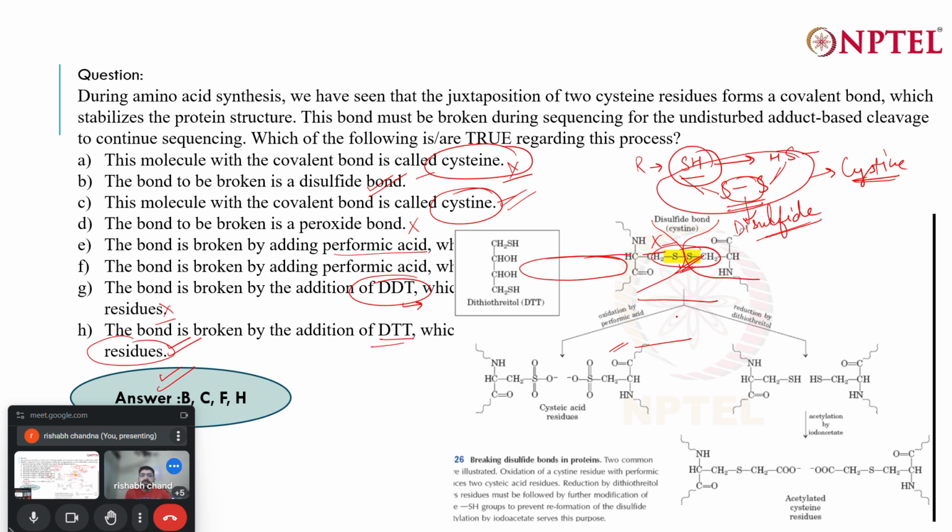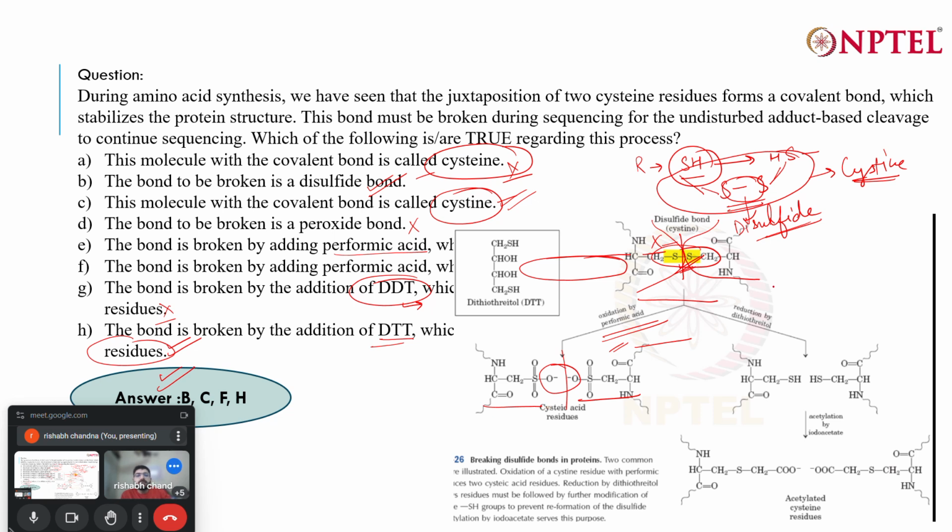During sequencing, we have to break off this bond to get a single amino acid. First we can do the oxidation by the performic acid. The bond is broken, and now the two moieties that are formed are called cysteic acid residues.